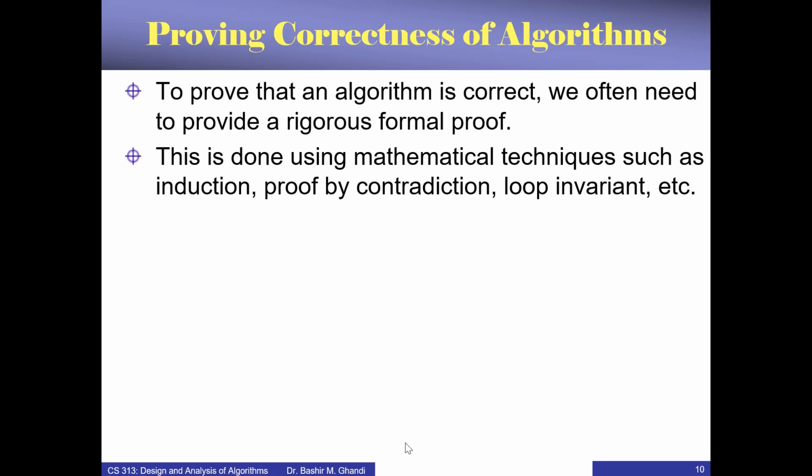Now, this can be done using a number of mathematical techniques, such as proof by induction, or contradiction, or something called loop invariant. Okay, I'm going to take a couple of examples to show this idea, and we shall encounter a few more examples later in the course.